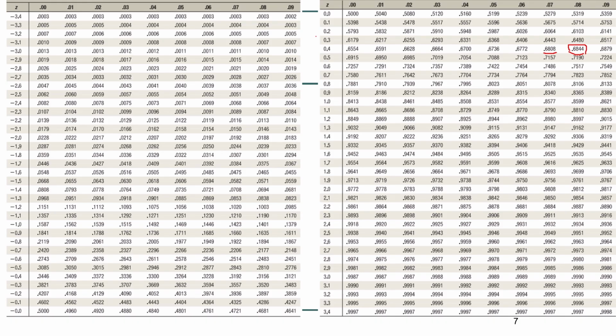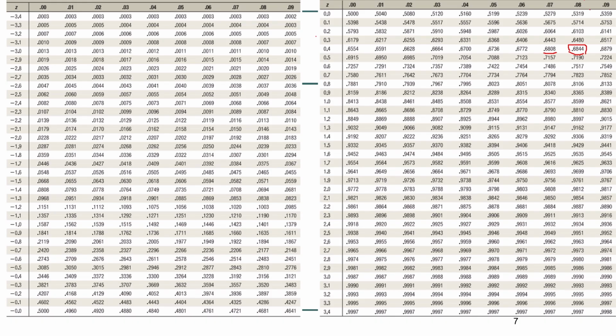0.6841 is closer to that value than this value, so my z would be exactly equal to 0.4, and the second decimal I'm gonna read it from here.